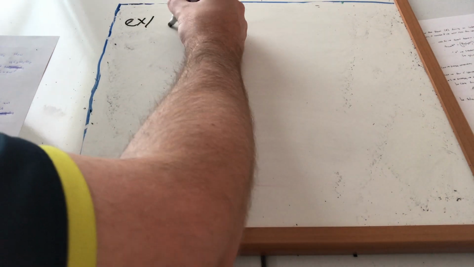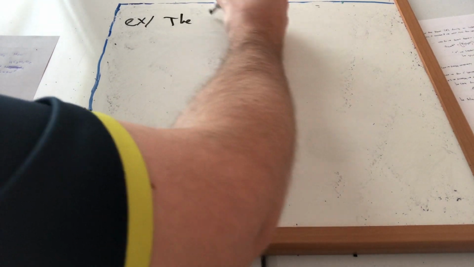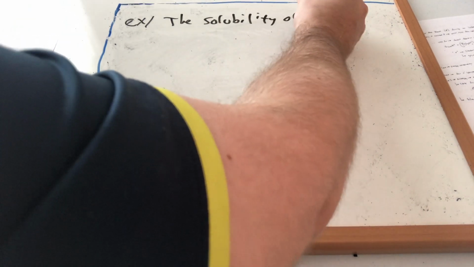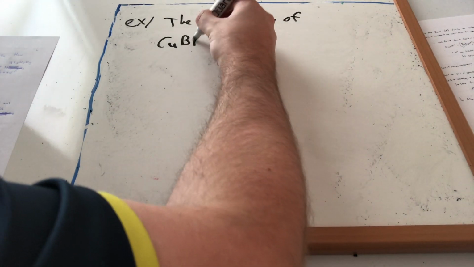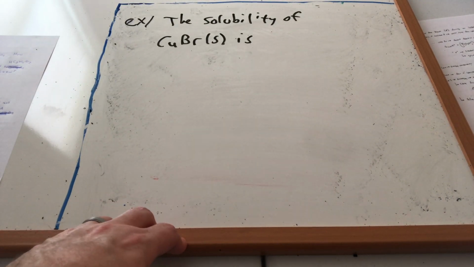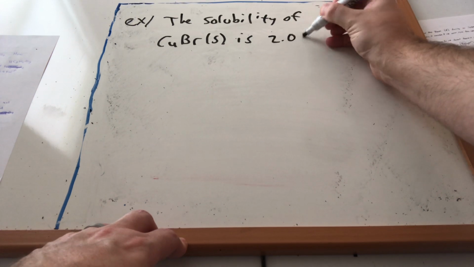The solubility of CuBr is 2.0 times 10 to the minus 4 molar.